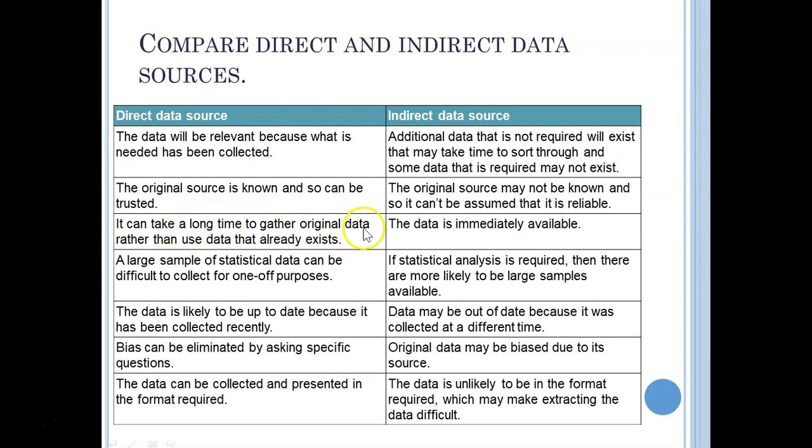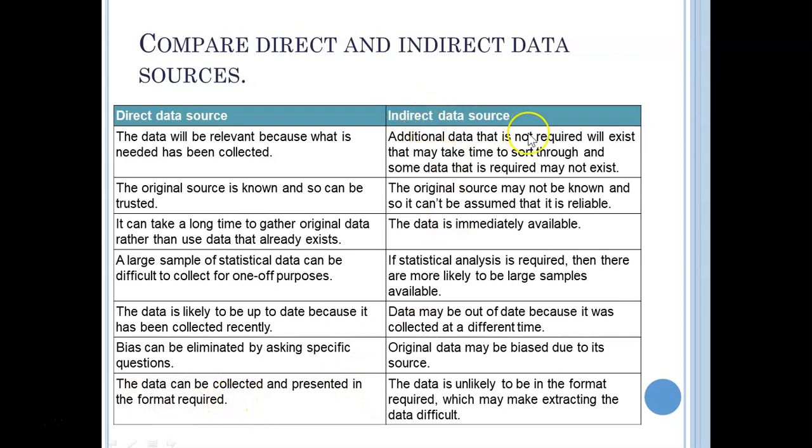It can take a long time to gather original data rather than use data that already exists. A large sample of statistical data can be difficult to collect for one-off purposes. The data is likely to be up to date because it has been collected recently. Bias can be eliminated by asking specific questions, and the data can be collected and presented in the format required.